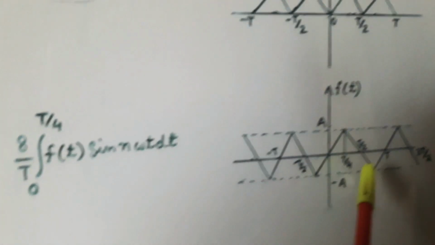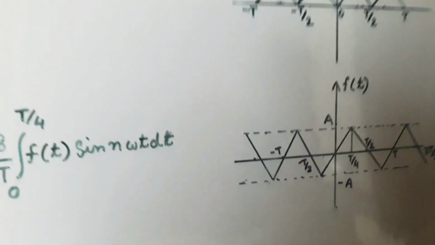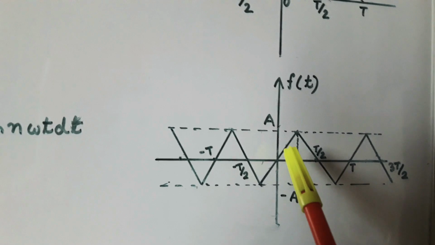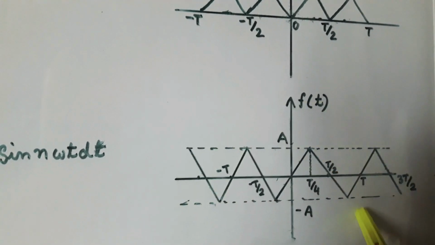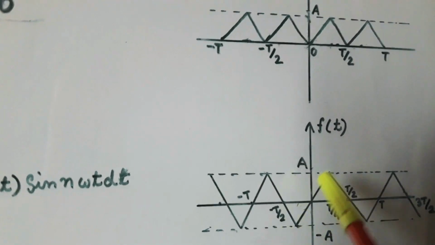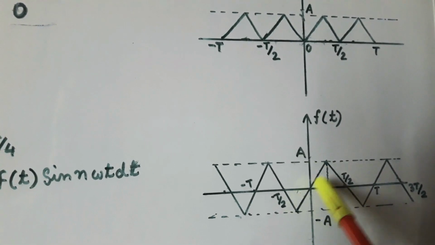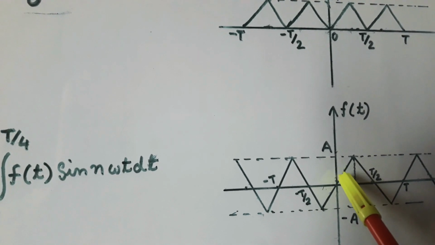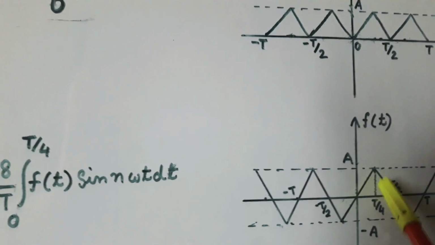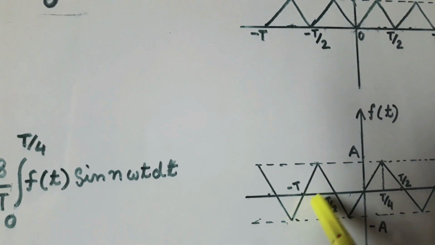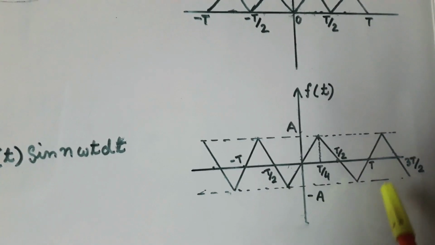An example of such type of function is as shown in this figure. From this figure we find that for this function, f(t) will be equal to minus f(minus t) and also f(t) will be equal to minus f(t plus T/2) and minus f(t minus T/2).